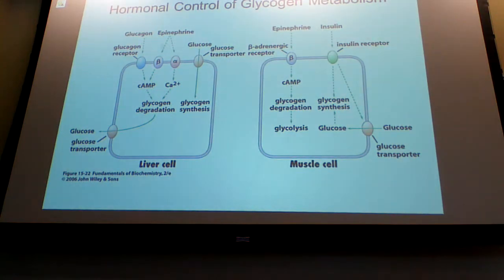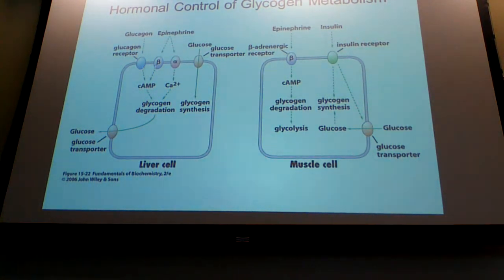Cartoon version. So right now we're just looking at this side of it, because this is our liver cell. We've got these different receptors: the glucagon receptor, the beta receptors, and alpha receptors for epinephrine. The glucagon receptor and the beta receptor will be associated with activation of adenylate cyclase.